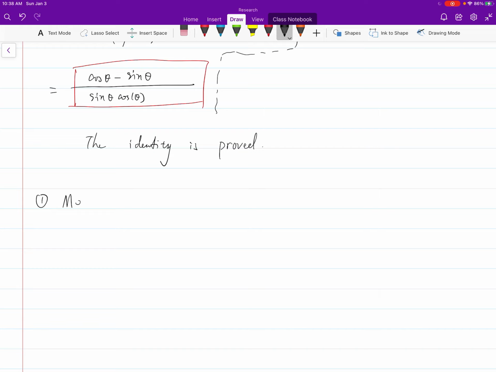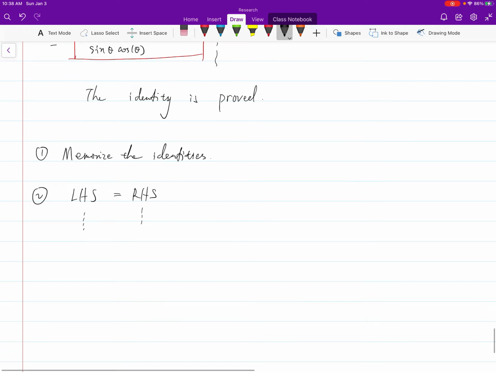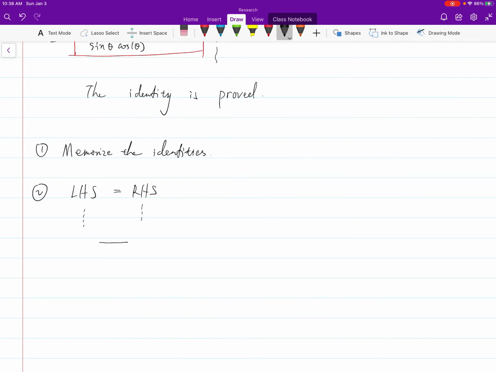We have done 3 examples so far. Again, I want to address several things. The first one is memorize the identities. Number 2 is your goal is to let the left-hand side be the same as the right-hand side.